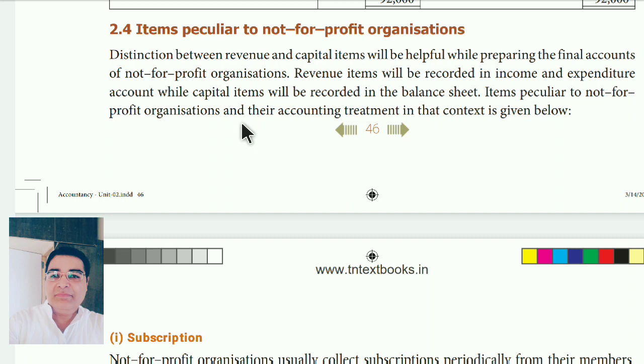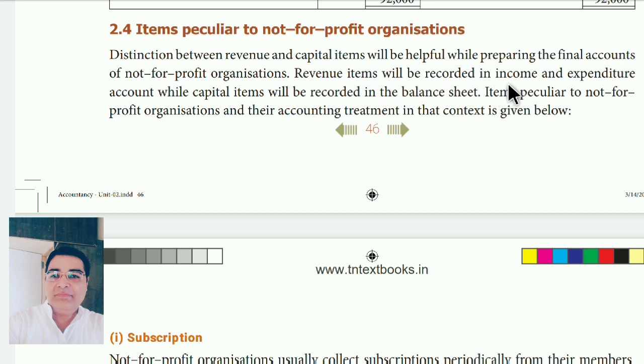So now we are going to discuss each and every item which is going to come in the income and expenditure account and which is very important for NPO. Now see, the items peculiar to not for profit organization, means NPO. Distinction between revenue and capital items will be helpful while preparing the final account of a not for profit organization.